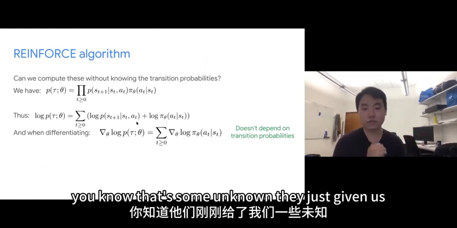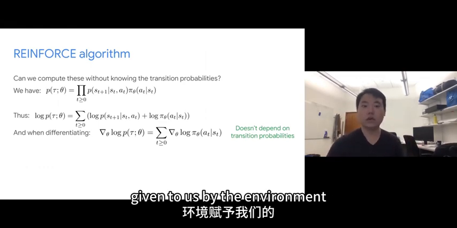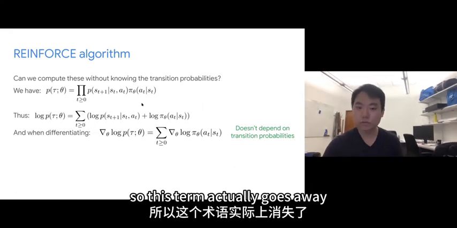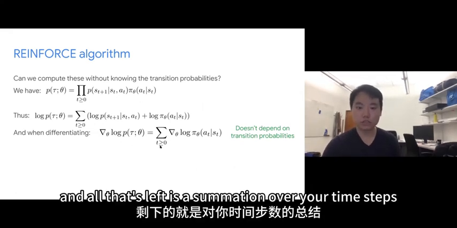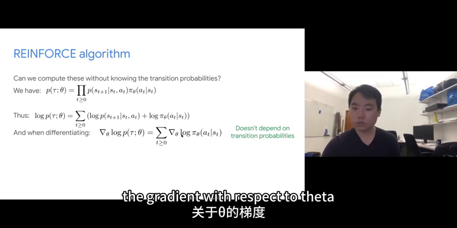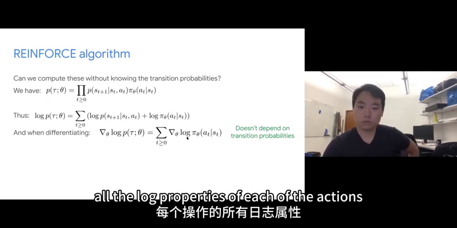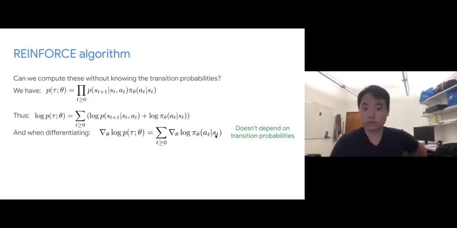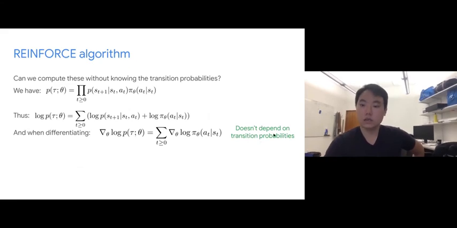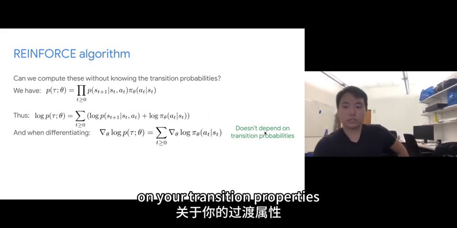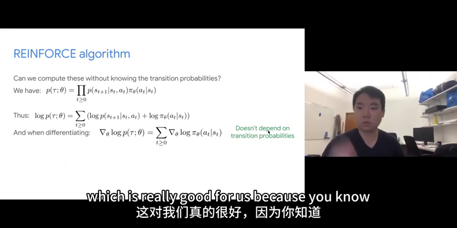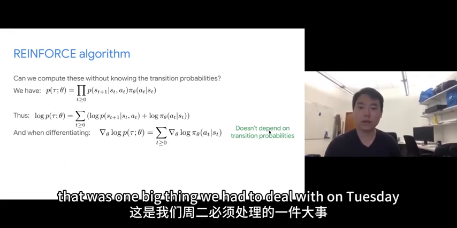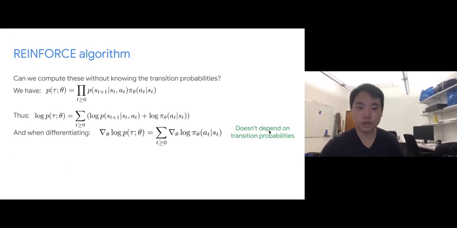That's some unknown that's just given to us by the environment. So this term actually goes away. And all that's left is a summation over your time steps of the gradient with respect to theta of the log probabilities of each of the actions taken at each time step, as given by your policy. So we've now removed the dependence on your transition probabilities, which is really good for us because that was one big thing we had to deal with on Tuesday.